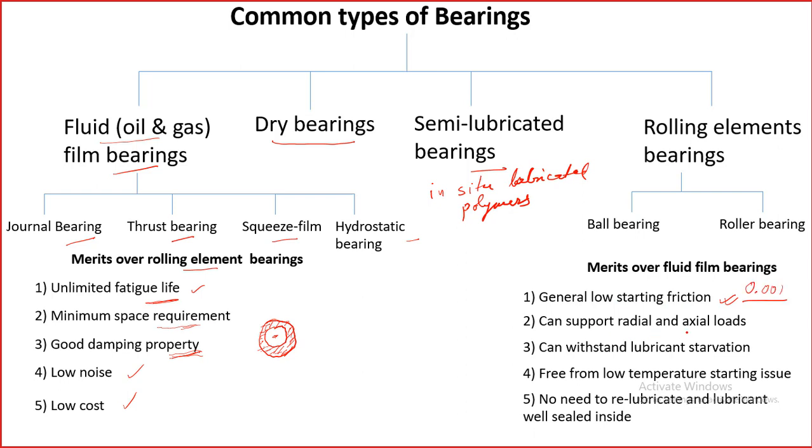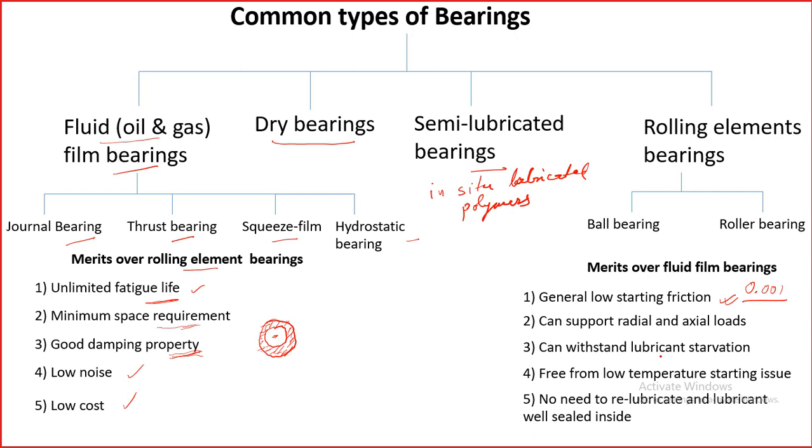They can support radial and axial loads. That means one single rolling element bearing can support both radial and axial loads, which is not possible in the case of fluid film bearings. You will need a thrust bearing and a journal bearing to take care of the axial load and the radial load.